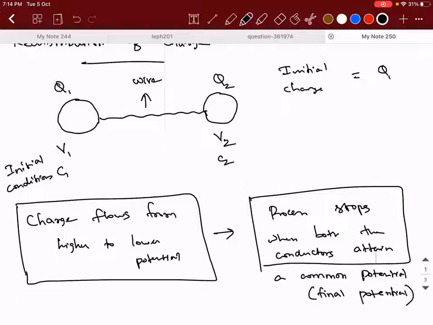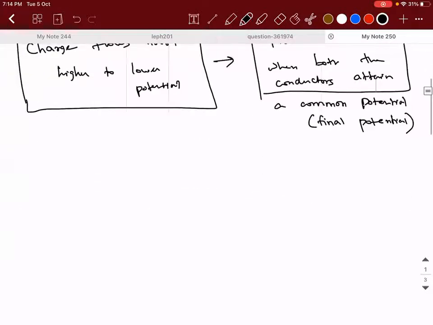Initial charge of the system is C1V1 plus C2V2. Accepted? Yes. Where V1 and V2 are the initial potentials. Now, the charges, let me call them Q1 dash and Q2 dash.